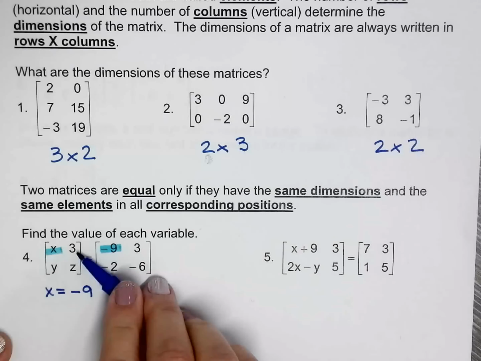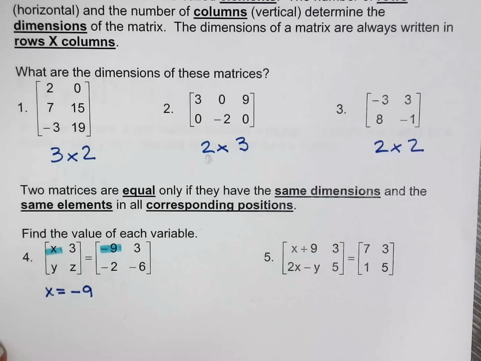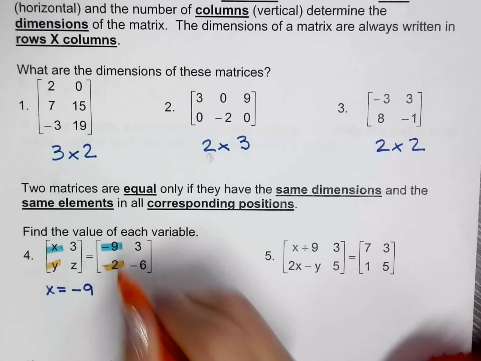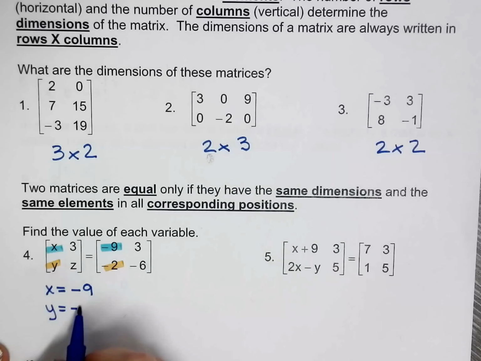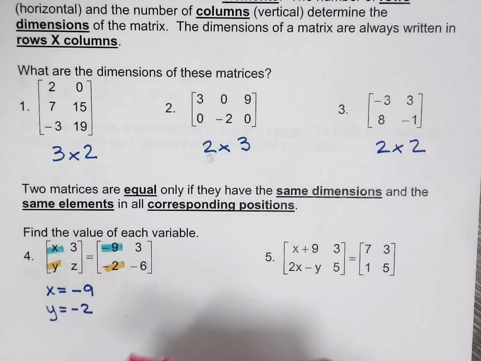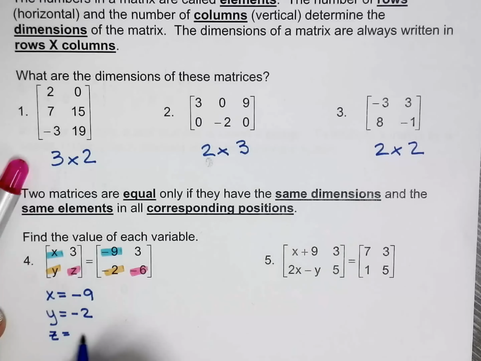Notice how 3 equals 3 right there. Then y is right there, so y equals -2. And then z equals -6.